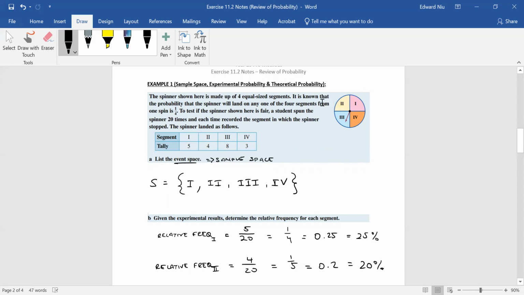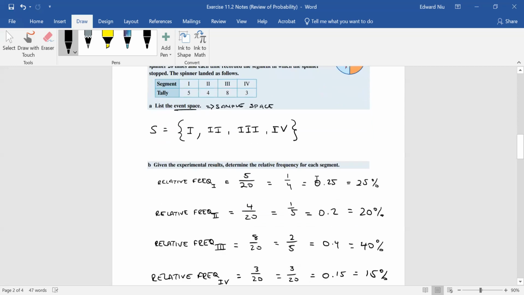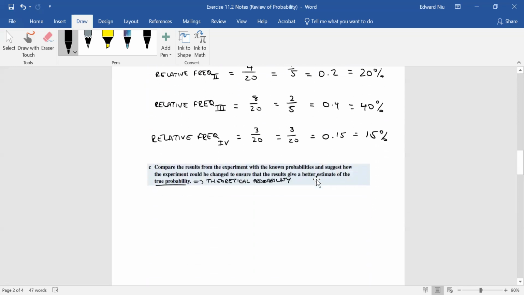So the more you do the test, the closer your experimental probability becomes to your theoretical probability. So here, to make sure the experimental probability is closer to the true probability or the theoretical, we need to spin the spinner more times.